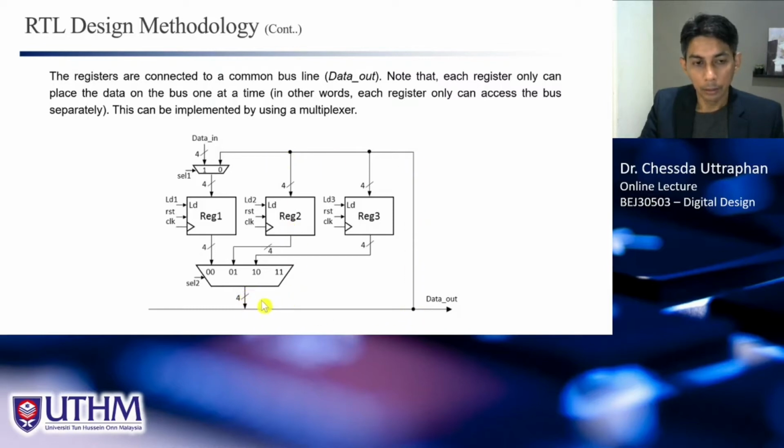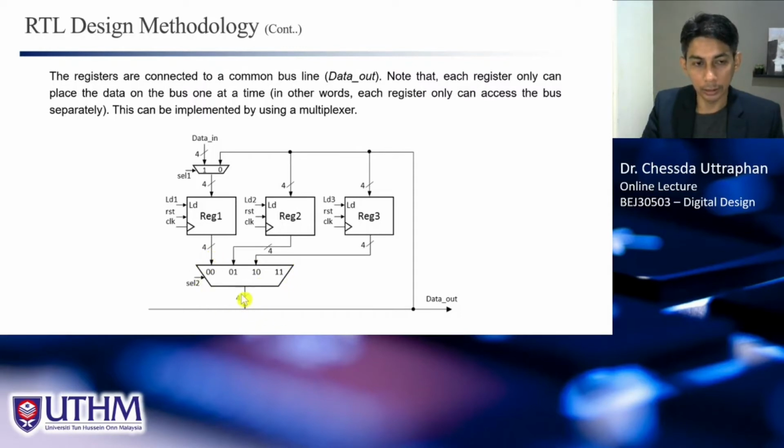Because we have three data from three different registers, we need to isolate the data using the multiplexer, such that at one time only one data is allowed to enter the bus.